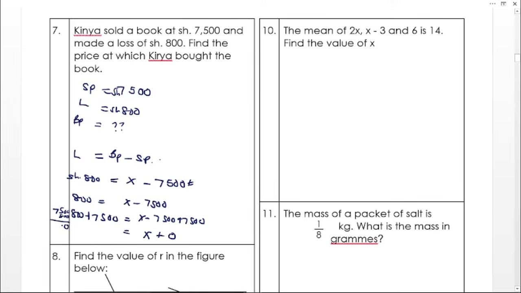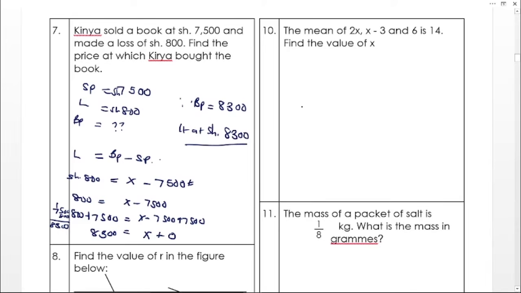So what I have in 0 0 8 plus 5 is 13. This is 13 we put here, that is 8, so it is 8300. Therefore the buying price was 8,300 shillings, meaning that Chiria bought it at shillings 8,300.